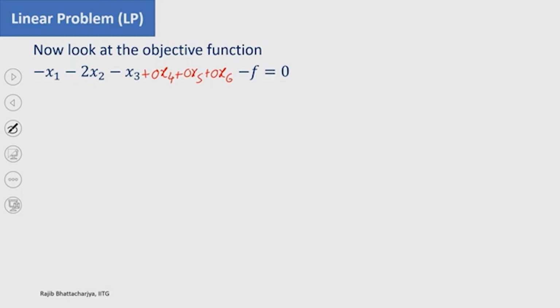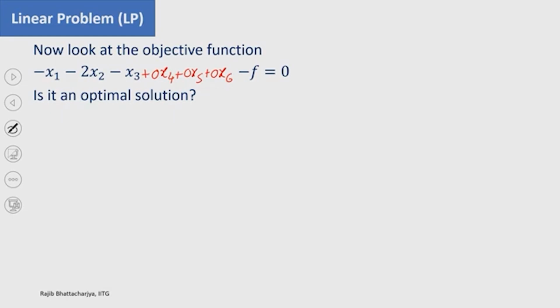So, I can make x1 a basic variable, or I can make x2 a basic variable, or I can make x3 a basic variable, in place of x4, x5 and x6. Now, I have to take a decision about which one will be the basic variable.